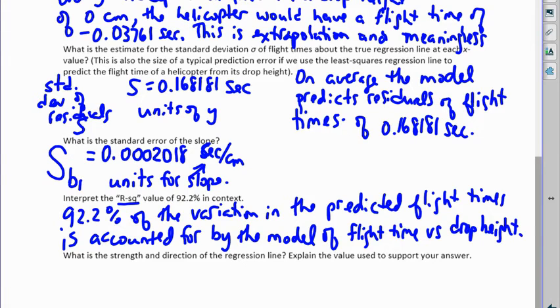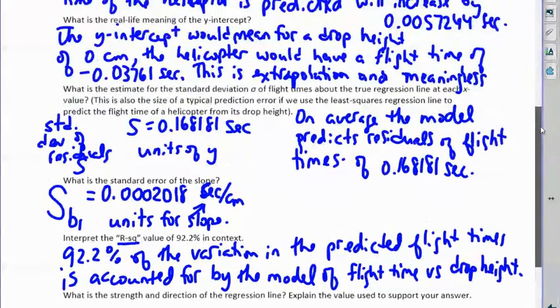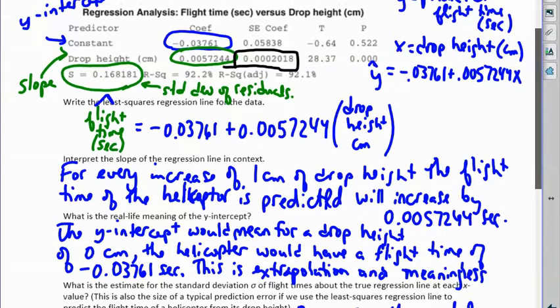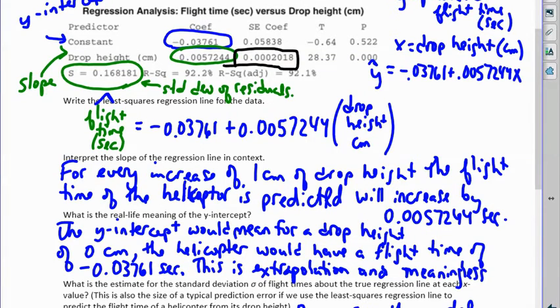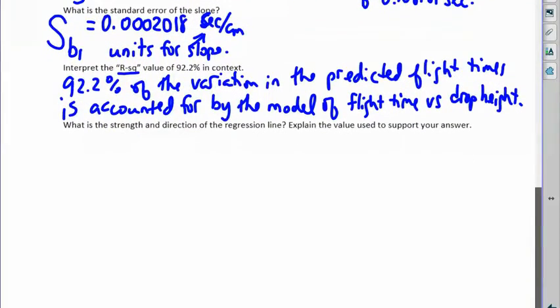What is the strength and direction of this linear regression model? Well, although the output up here only showed R squared. See, this is where I see the r squared right here. Remember, we're not using this adjusted r squared. We're not using that. So when I see that r squared, that actually can help me get the r. So I can take the square root of that. I have to put it in as a decimal when I do that. So r is going to be the square root of r squared.